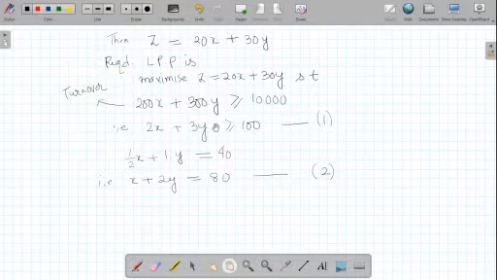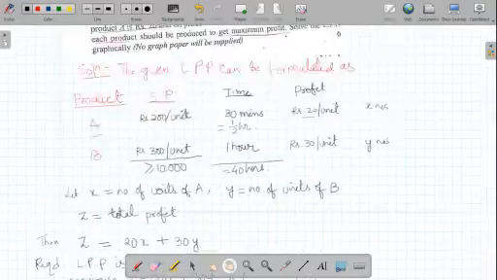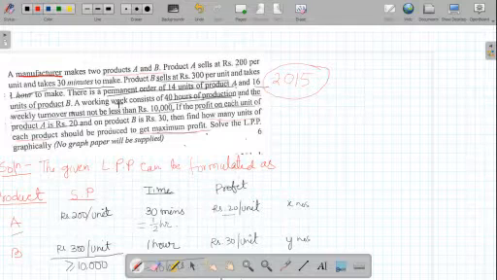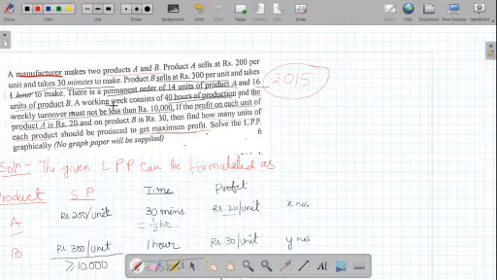Now see, the questions are very interesting. Let me show you. Here the question is slightly modified.